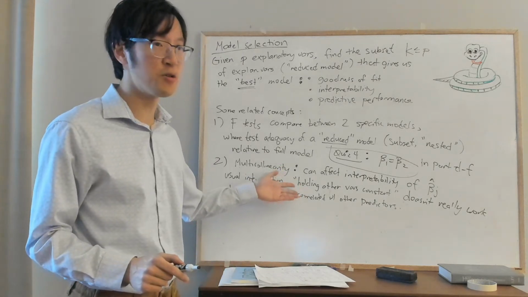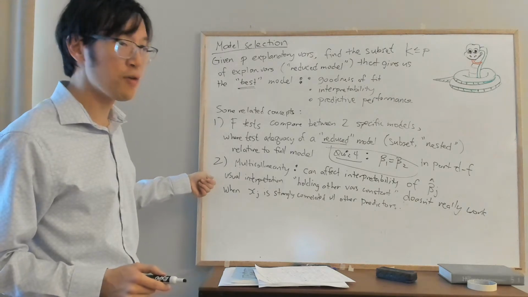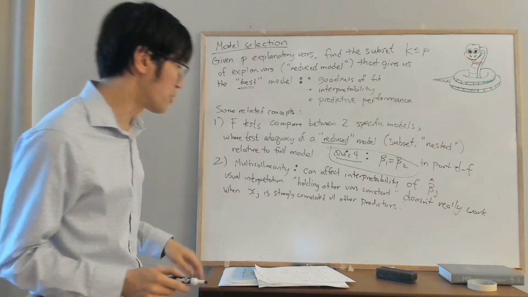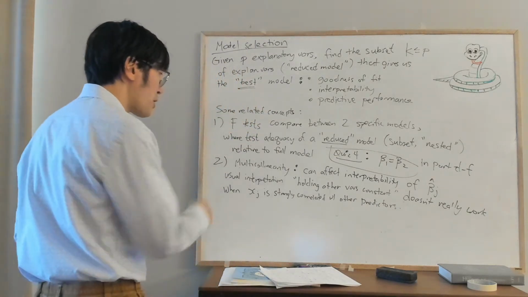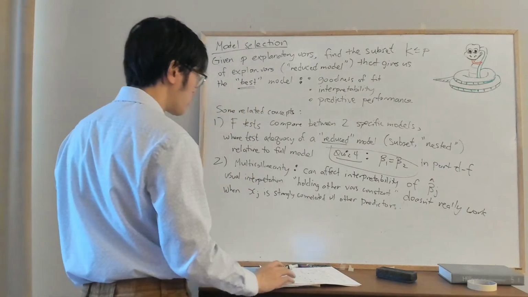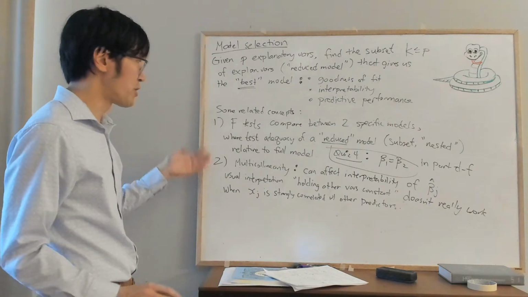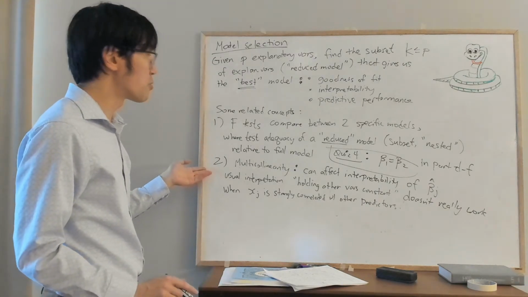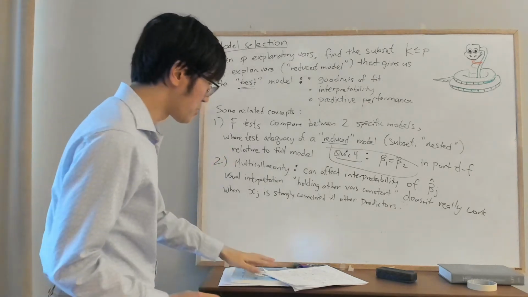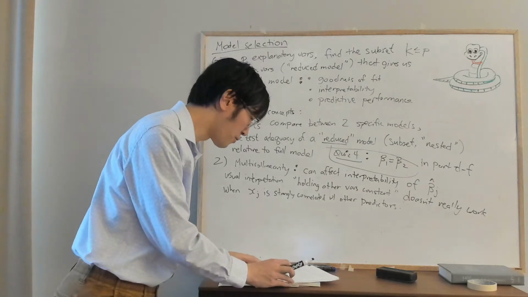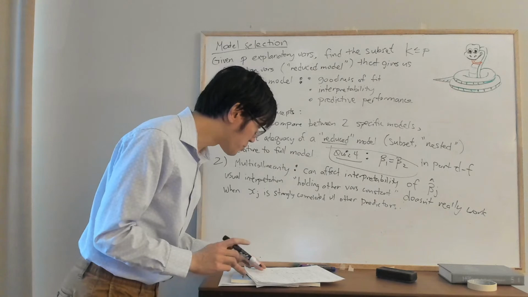And so that interpretation doesn't really make sense when the predictors in the model are highly correlated. So that's a related concept. When we have our final model, that's why we want to ensure that we don't have a high degree of problems such as multicollinearity, because that affects the interpretation of our estimates of the regression coefficients.